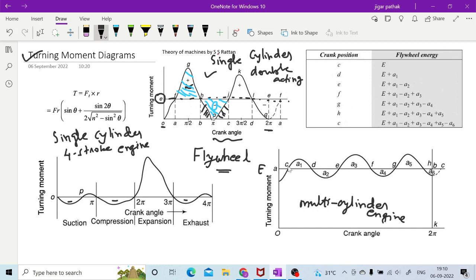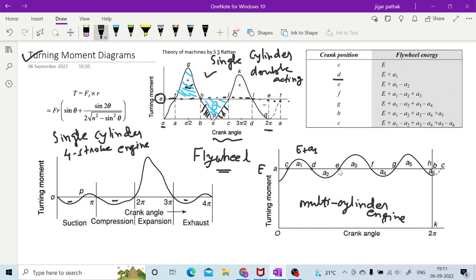So at C you can assume that this particular amount is E, as it is mentioned over here, right. If you go to point D, as it is mentioned in this table, the energy is E plus A1, whatever area is there between this CD. So this is E plus A1 at point D.